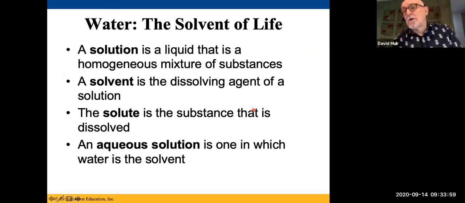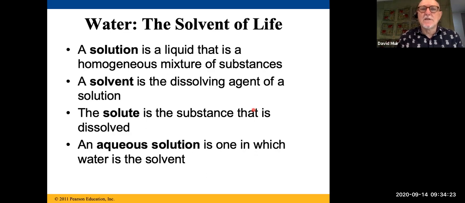Okay, so the real major importance of water in biology is that it is a very, very good solvent. It's almost what we would refer to as a universal solvent, a substance that could dissolve anything. Not quite, but water can dissolve many, many substances.